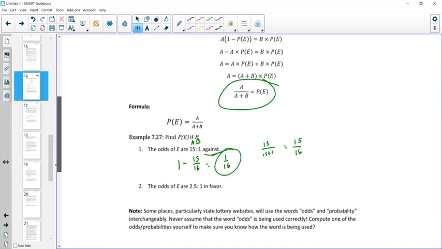The odds of E are 2.5 to 1 in favor. So I want to find the probability of E. So again, it would be A over A plus B, 2.5 over 3.5, 25 over 35, 5 over 7, which is roughly 0.714.